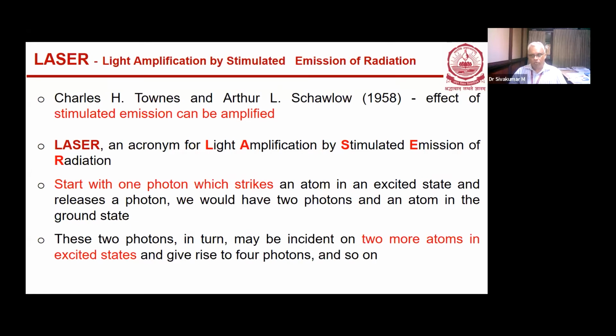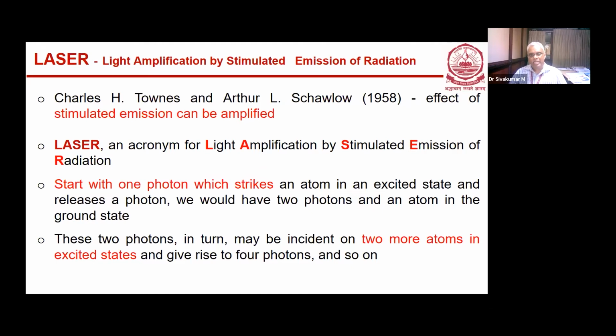They were speculating that if this process can be amplified, suppose two photons can be converted into some 100 photons, all in phase with each other and coherent with each other. So this was proposed by these two scientists, and that's how they coined the name laser.